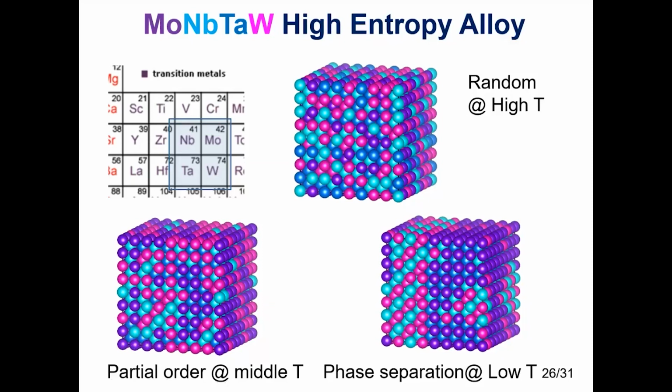But within each sublattice, there is random disorder. So you have random substitution of niobium and tantalum, but within their preferred sites.